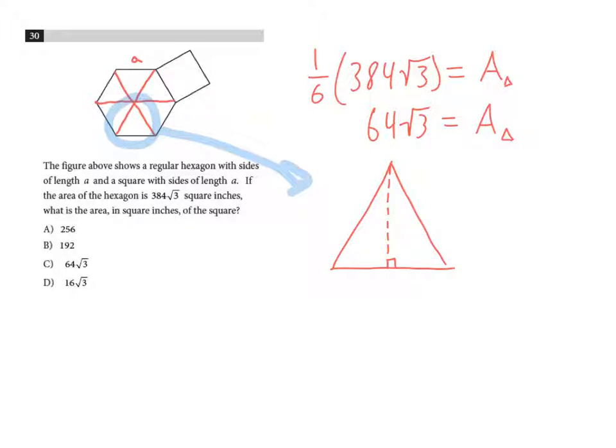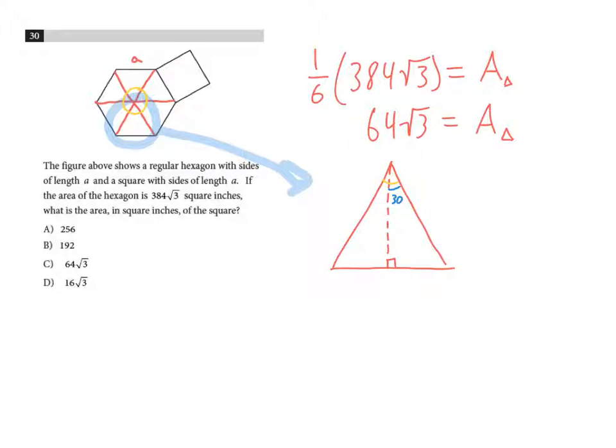these two triangles are going to be 30, 60, 90 triangles, and we can show that by thinking about the center of this hexagon. Well, it's going to be 360 degrees divided into 6 equal sections, so this will be a 60-degree angle, and therefore this angle must be 30 because these are isosceles triangles.